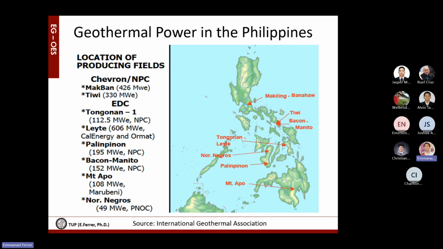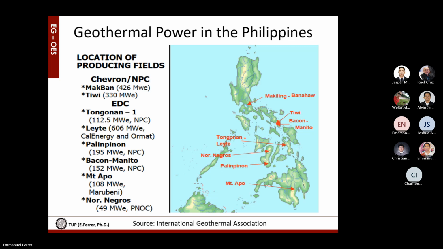So they are big: 426 megawatts, 330, 112, 600 megawatts. Mount Apo, a little bit smaller, 108. And the smallest, Northern Negros, 49 megawatts. But when you total these, it's big. So that's why the Philippines is one of the top producers of geothermal energy in the world.